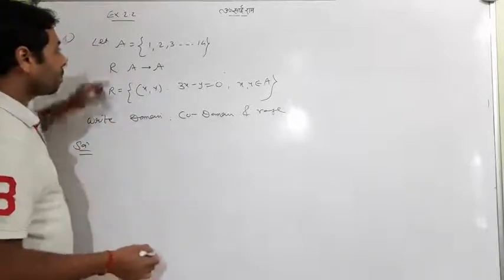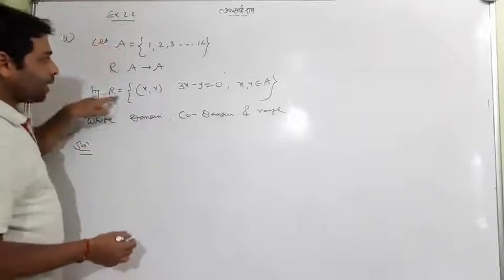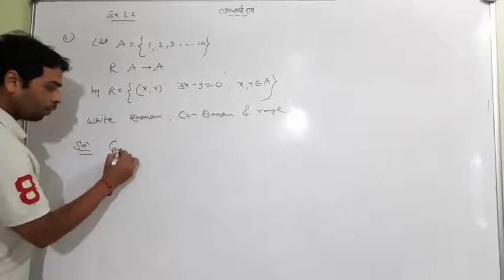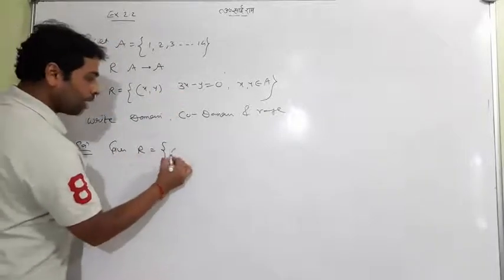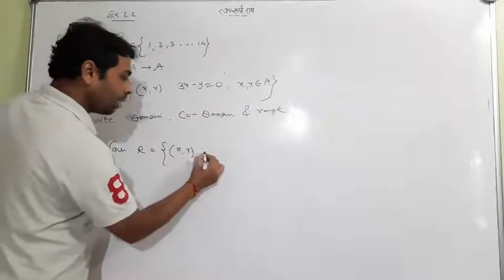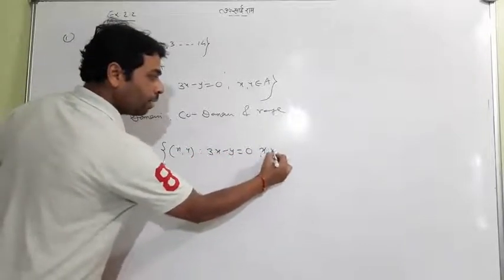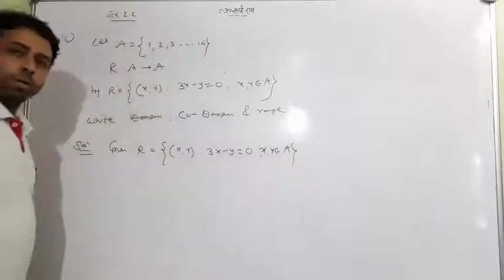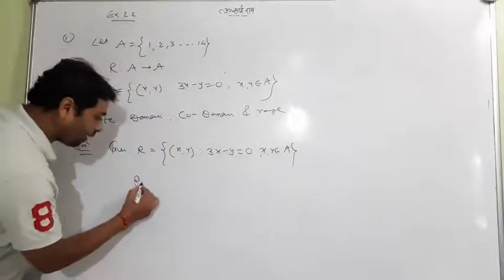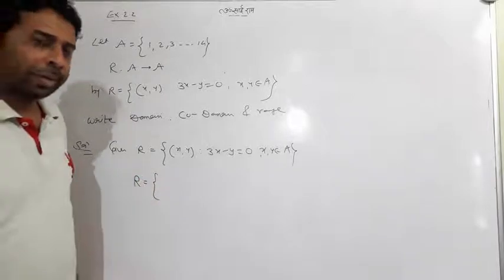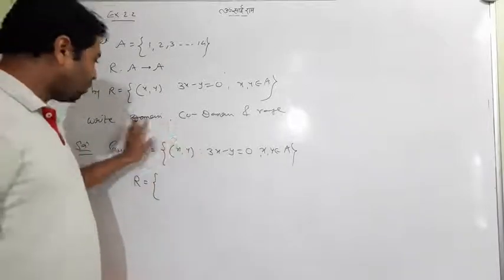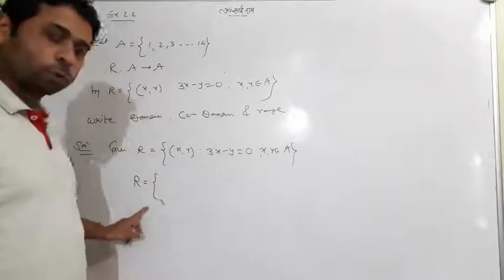How can you do this question? Very simple. A is given, and the relation is (x, y) such that 3x minus y is equal to 0, where x and y belong to A. Before domain, codomain and range, I request you to first find the roster form.